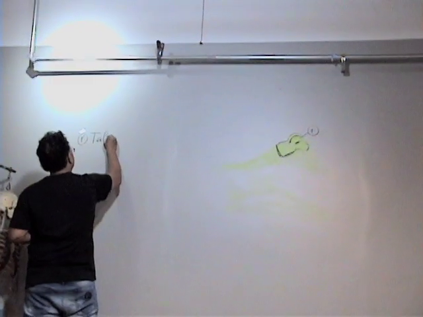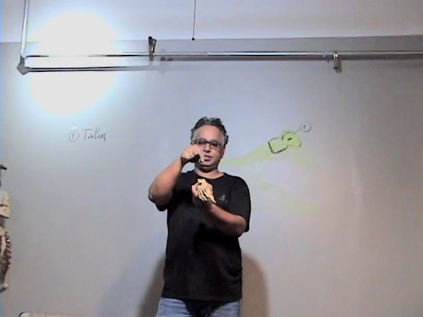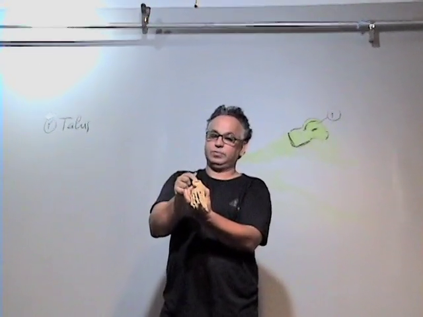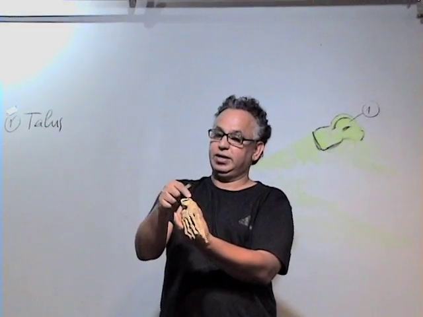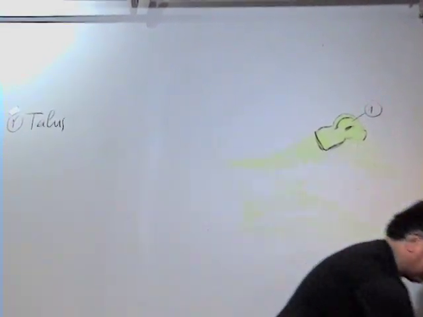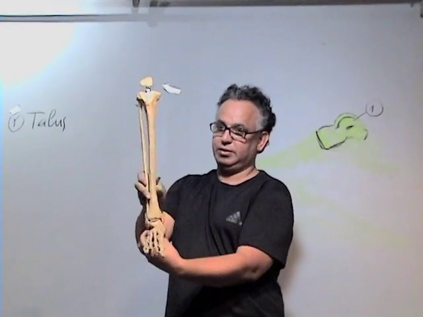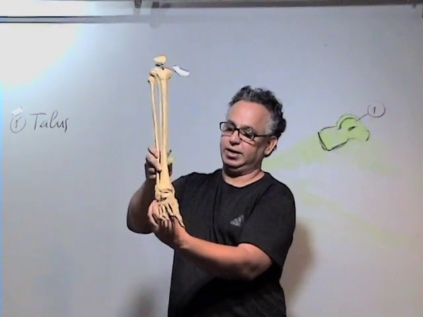Number one, it's the talus. It's very important because it's the talus that receives all the weight. And we have a trochlea here, like a spoon. And this trochlea gives us the movement with the tibia. Okay? Extension, flexion.